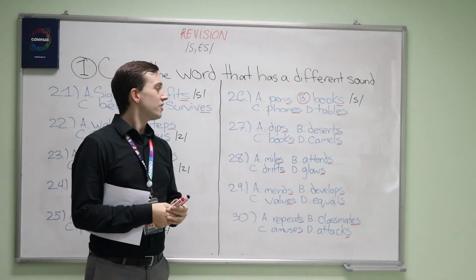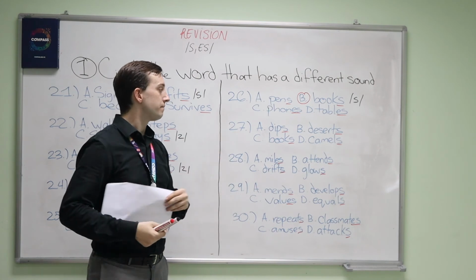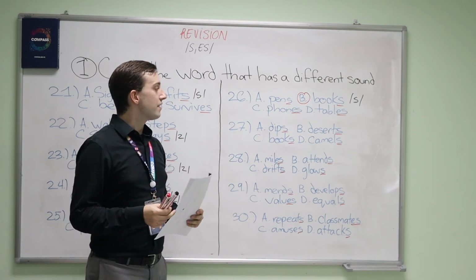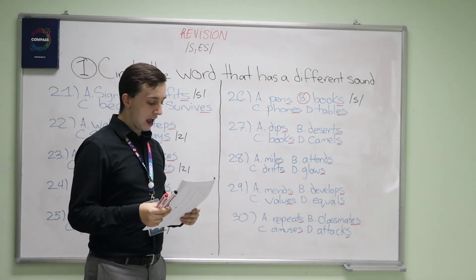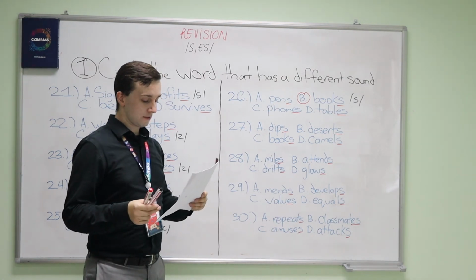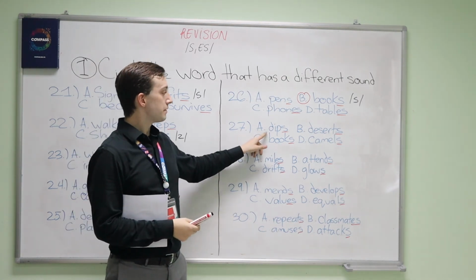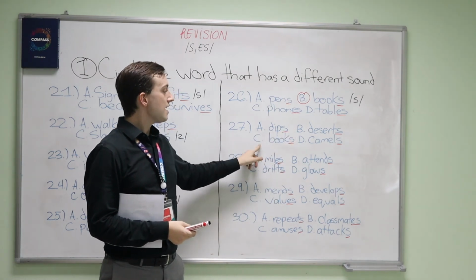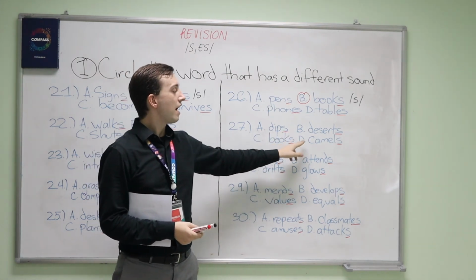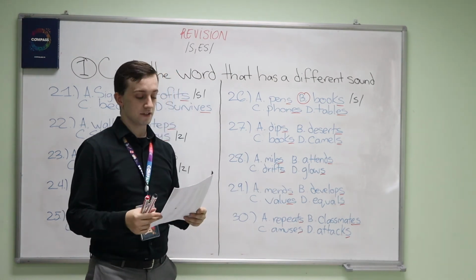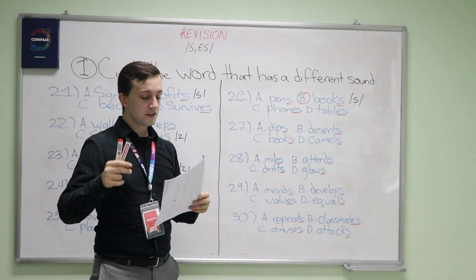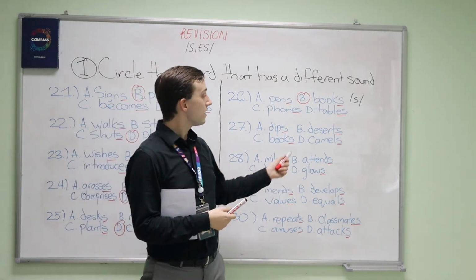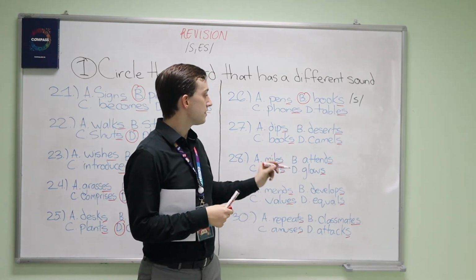The next question is 27. In 27, the words are A, dips, B, deserts, C, books, and D, camels. In this one, the different word is D, camels.